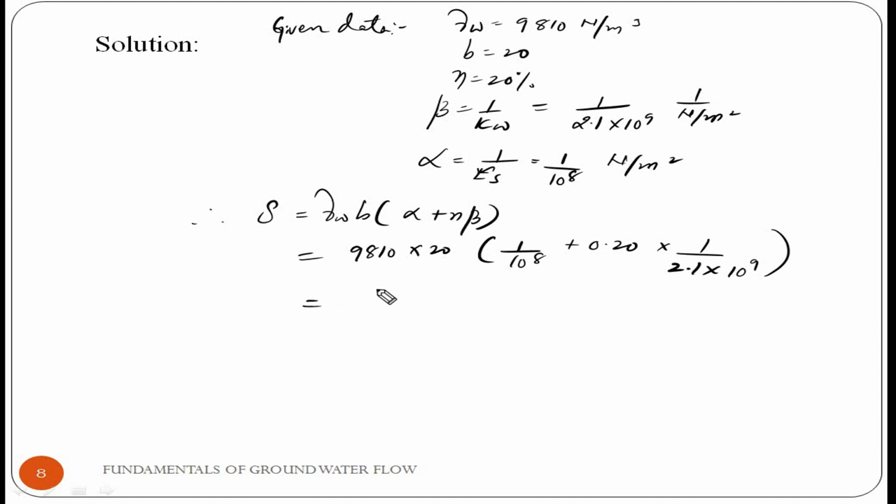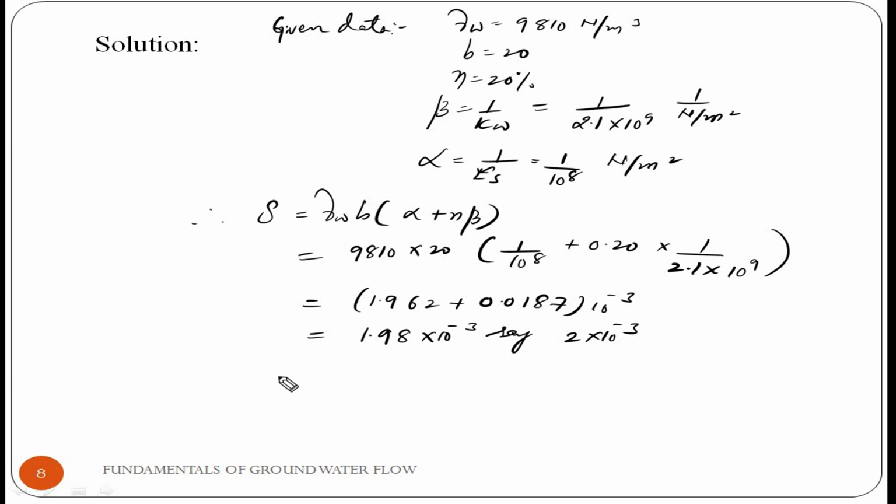If we calculate, it is coming around 1.98 into 10 to the power of minus 3. So we will take it as 1.98 into 10 to the power of minus 3. One more thing, we need to calculate what fraction of this is attributable to the expansibility of water.